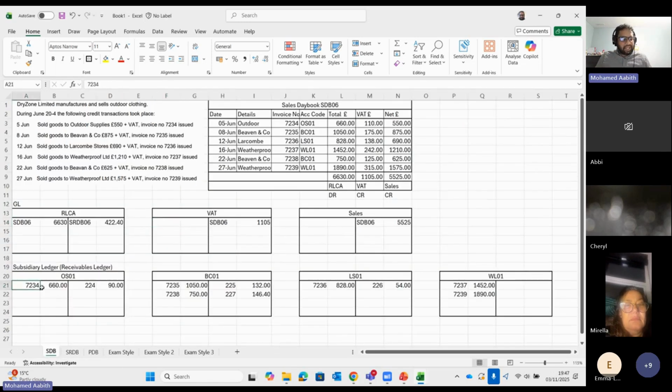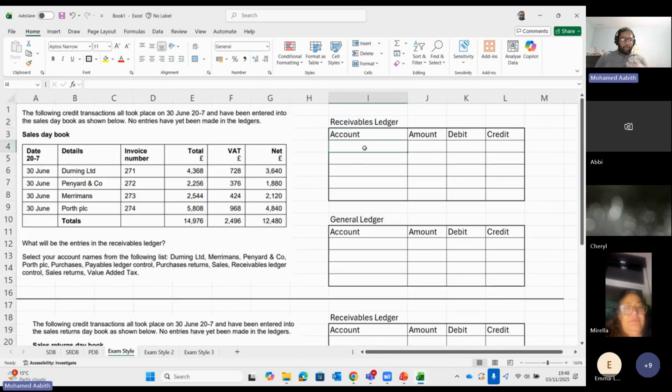these entries. Can you see here? These entries we made initially on the sales daybook transactions. These are the ones they want to know how much we entered into individual customer accounts. So in this scenario, for the purpose of this question, this is the individual name.